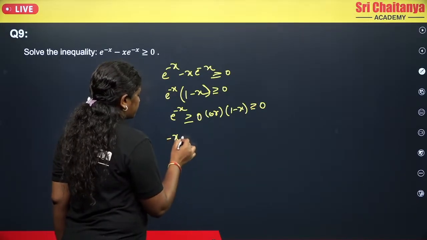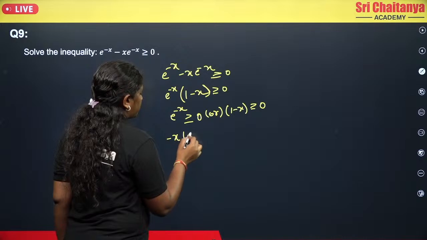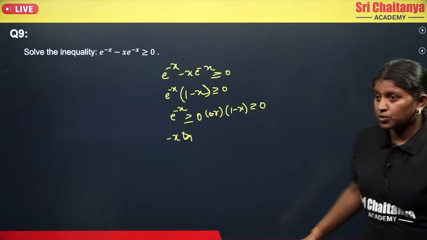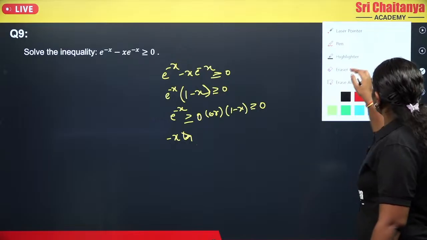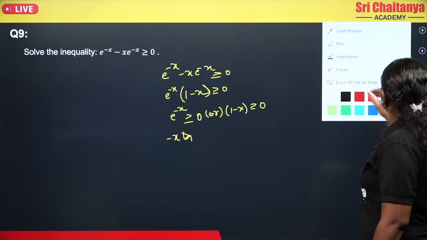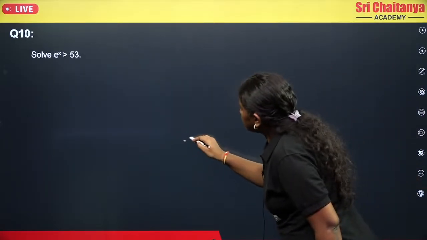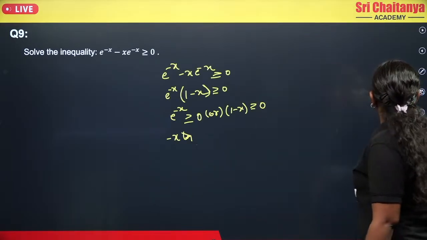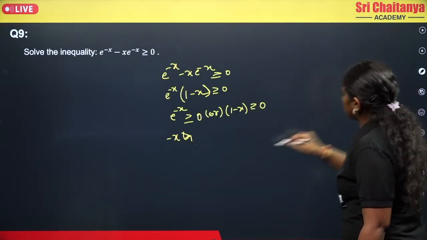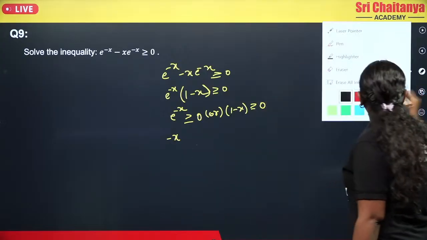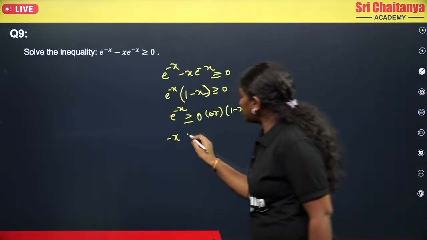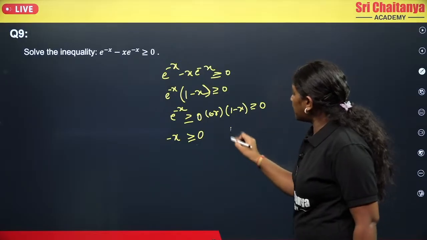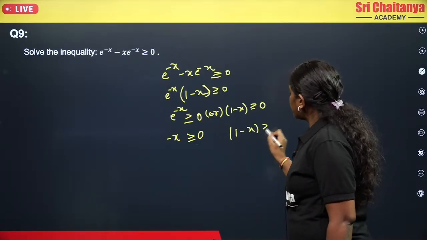Minus x will be greater than or equals to, if you apply here log 0 to the base 1, we will be getting. So now coming to the next, 1 minus x greater than or equals to 0.